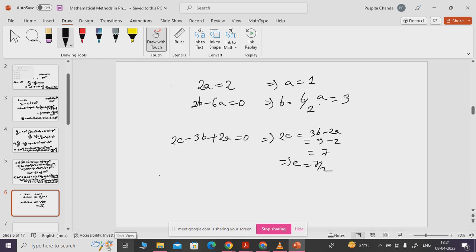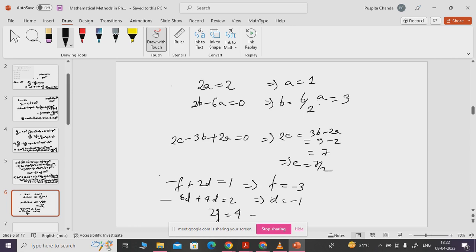Then the second condition will be −f + 2d is equal to 1, and −6d plus 4d is equal to 2, which will be d is equal to −1. So f will be −3, and 2g is equal to 4.